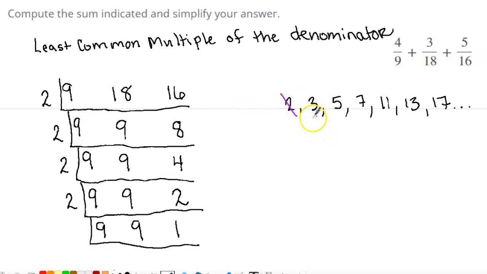And I move to the next smallest prime number, 3. I'm not going to write it down yet. I need to ask myself, will 3 divide into any of these first? And it does. It divides into 9. 3 into 9 is 3, and 9 divided by 3 is 3.